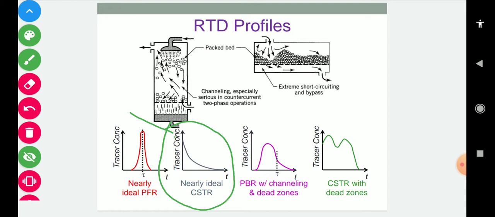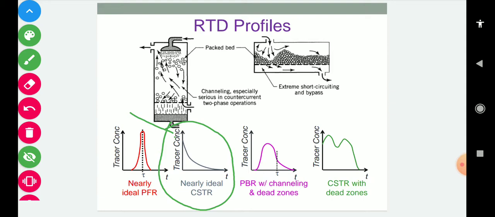At that time we get the highest concentration peak. But after some time the tracer comes out of the reactor and its concentration starts declining, because we have pulse injection. We inject tracer at time t equal to 0 only.